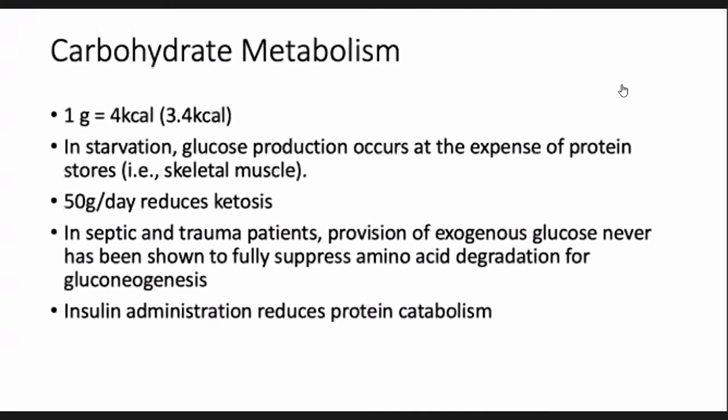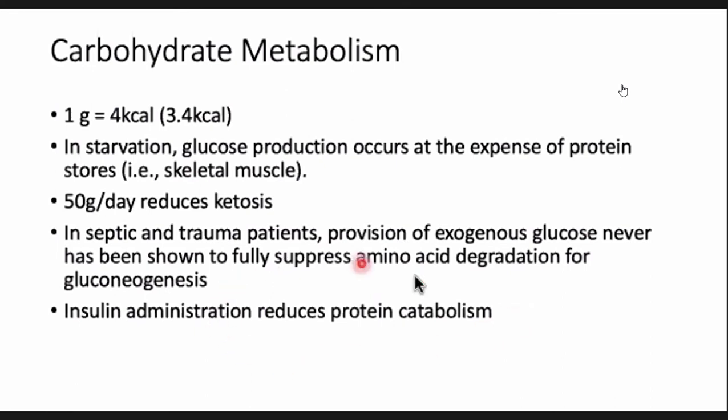Next are your carbohydrates. So 1 gram of carbohydrate can give you 4 kilocalories of energy. In septic and trauma patients, provision of exogenous glucose has never been shown to fully suppress amino acid degradation or gluconeogenesis.